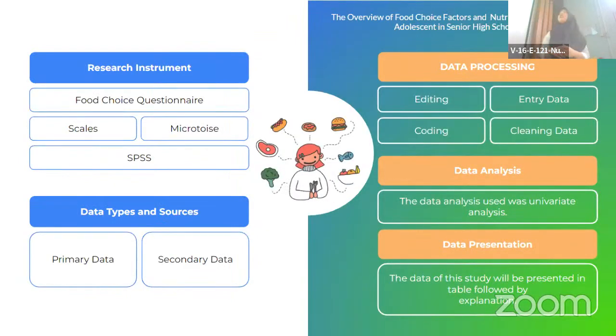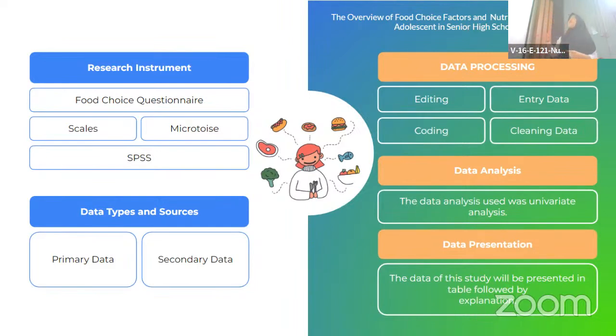And for the research instrument, I use the food choice questionnaire to measure the preference of food choice, and to measure the nutritional status, I use the scales and also the microtoise. For the data, I use SPSS. And for the data types and sources, I gain it from primary data and also secondary data.